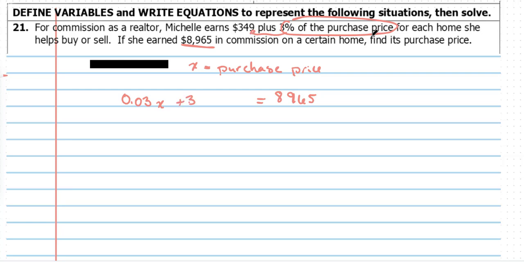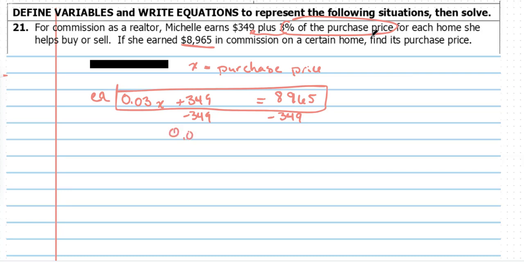So there's my equation. On one of the questions, I can't remember which story it goes with, you may have to identify from a multiple choice question which one is the equation. Here we need to move that 349 over to the other side.